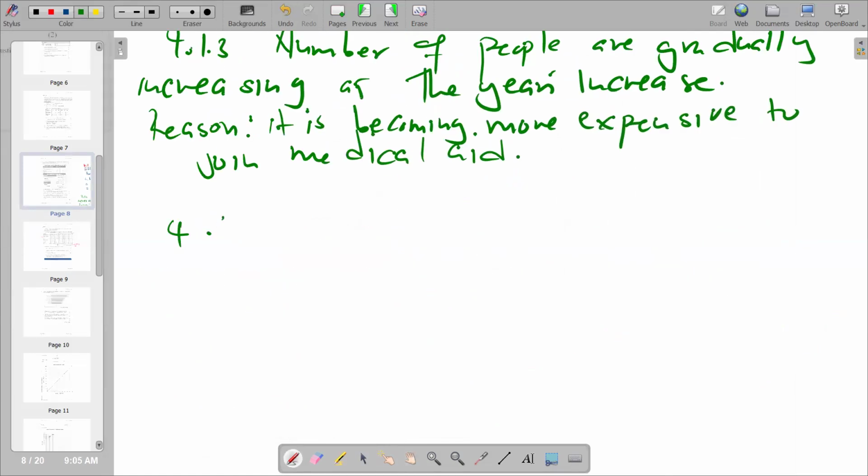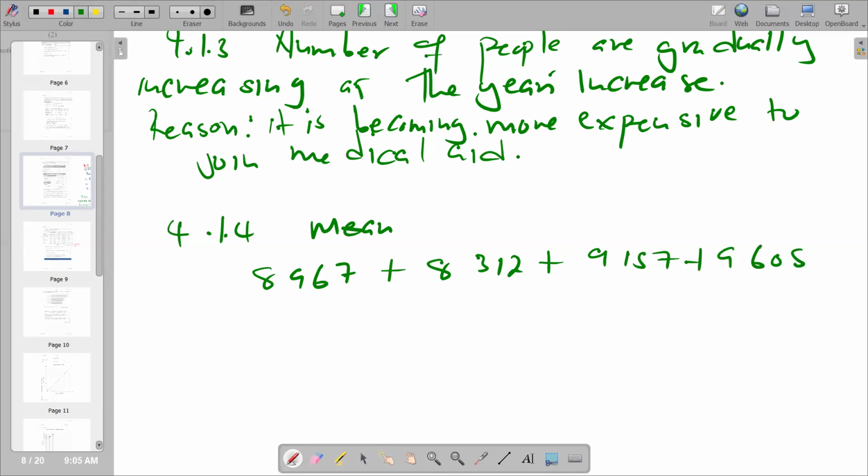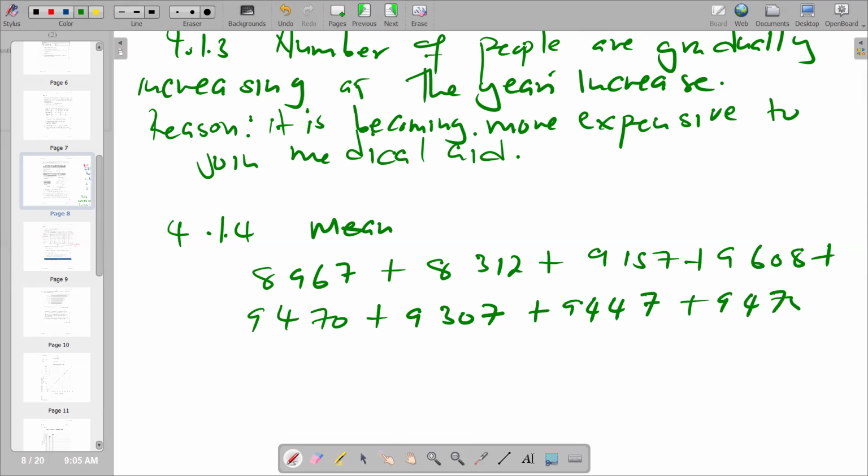So we have 4.1.4. So we are starting with the mean, whereby we are saying, and the total that we get, we divide by 8.